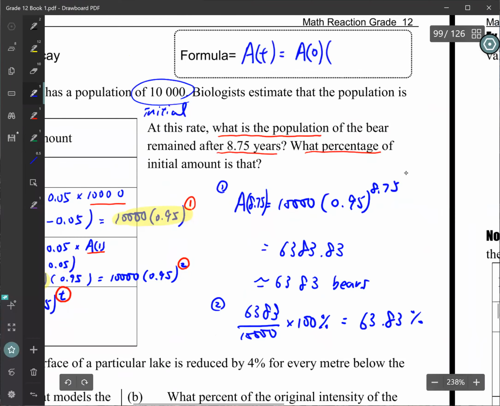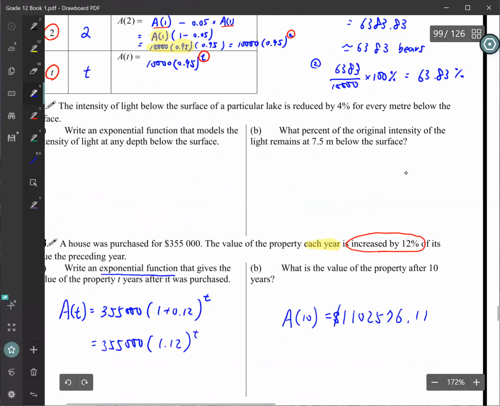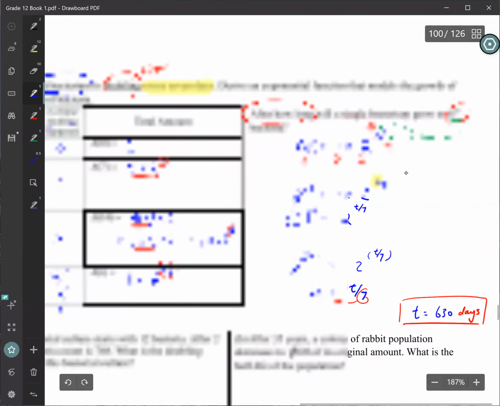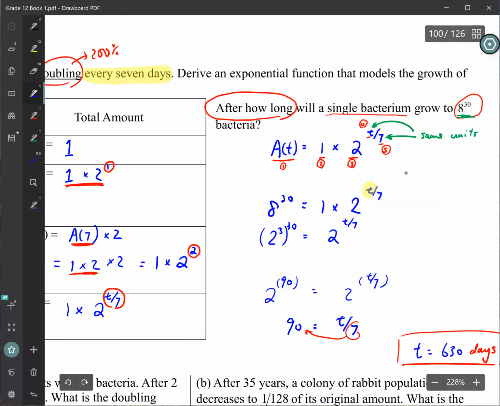So sometimes it's 0.95, right? 0.95 if it's decreasing by some percent. Sometimes it's 1.12, right? So if it's increasing by 12%, sometimes even 200%, the 2, double, right? Triple will be 300%, or 3, right?